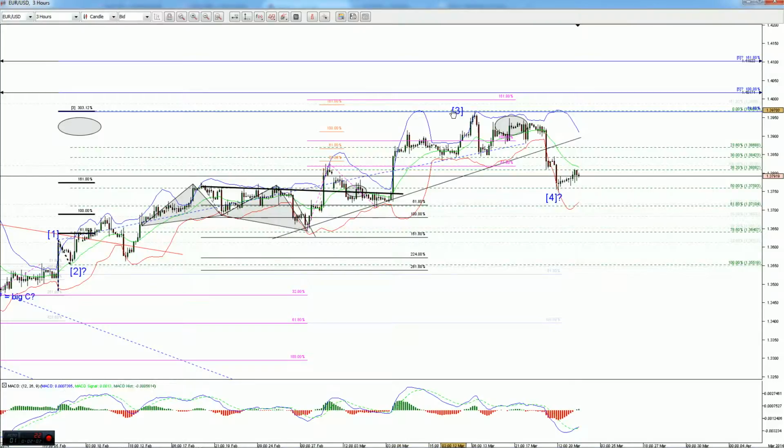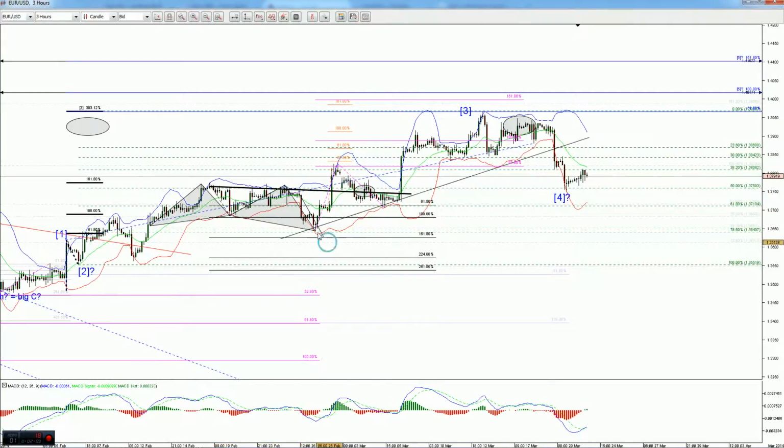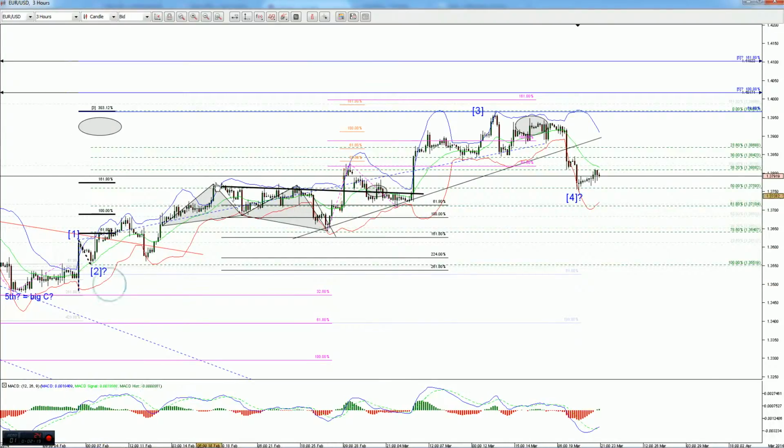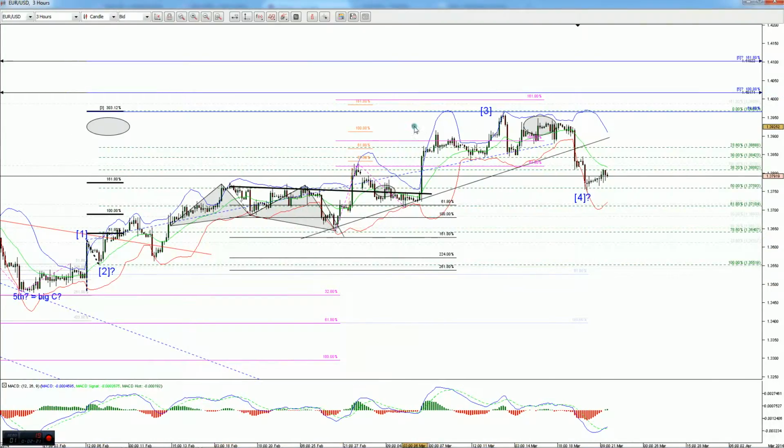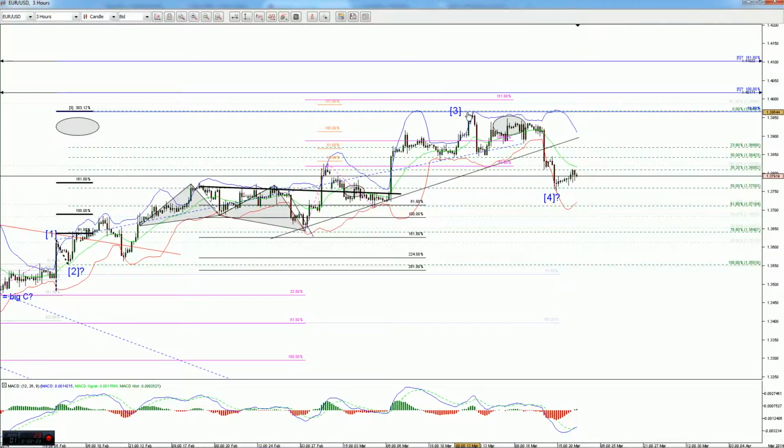So having this third wave in this area, I used to talk about it, and having A, B, C as a corrective wave, we could have an impulse to the upside and a whole structure, a whole impulse 1, 2, 3, 4, 5, or alternatively the third wave ended in this area, and that's A, B, and a C. So a corrective structure, and it looks like this fourth corrective wave is respecting Fibo 50.